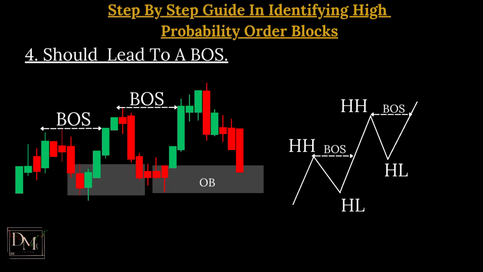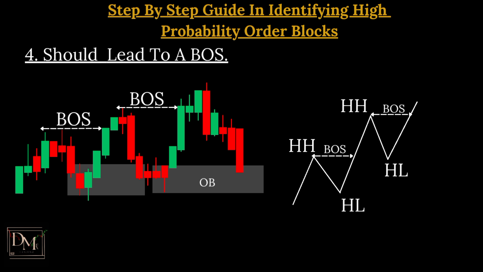4. It should lead to a break of structure. A break of structure, BOS, occurs when price decisively moves beyond a key swing high or low, confirming a shift in market direction. This break signifies that institutional traders have injected enough momentum to invalidate the previous high or low.